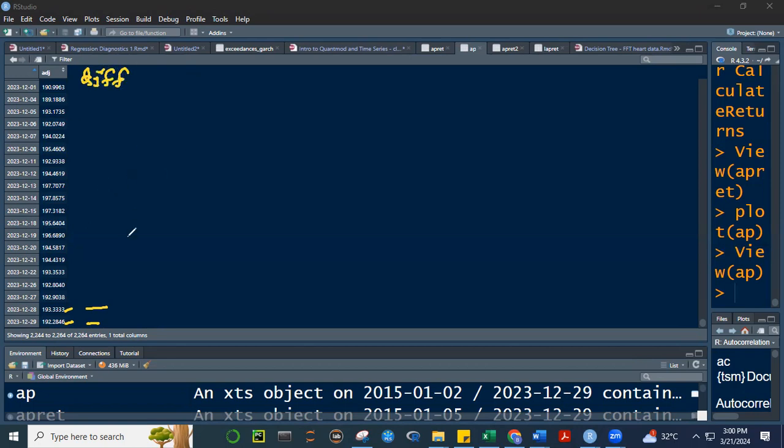Now, if you plot this time series and it's not yet constant in mean, then you can do another differencing. So this is lag two differencing. You difference the difference data.